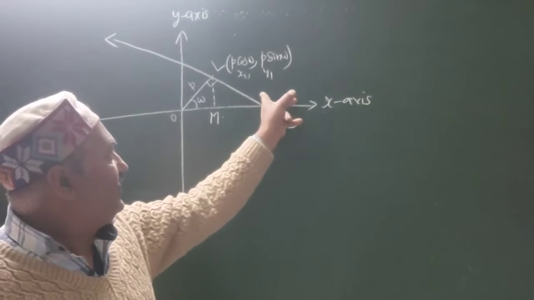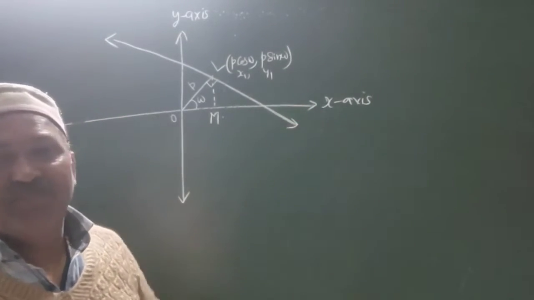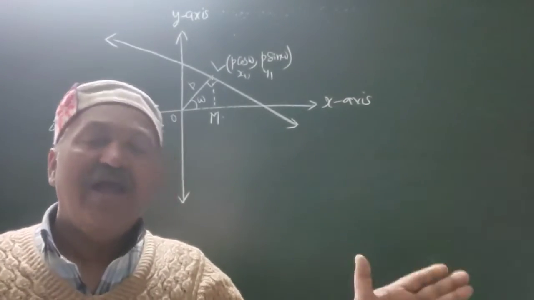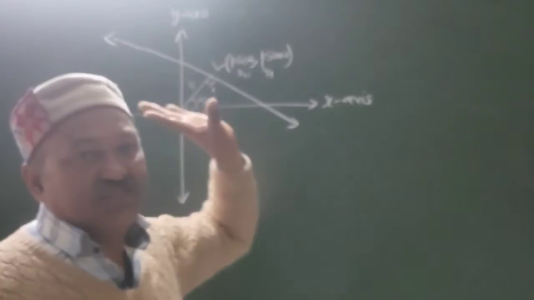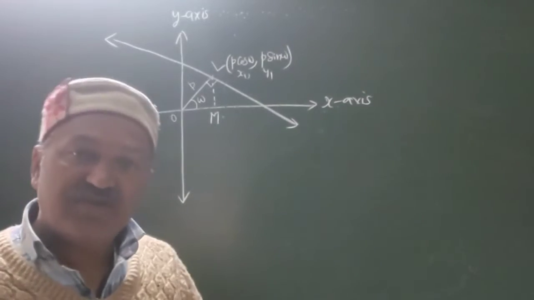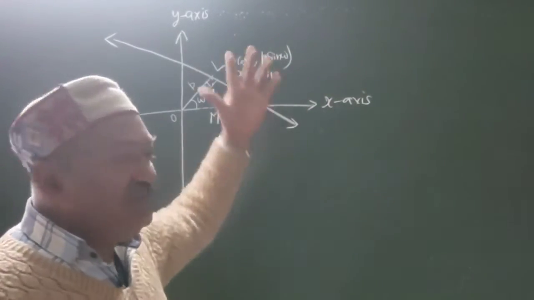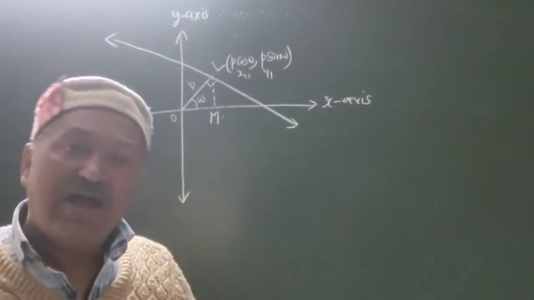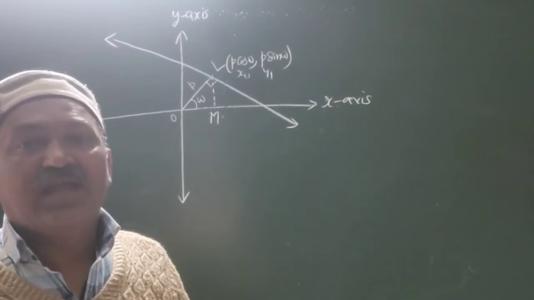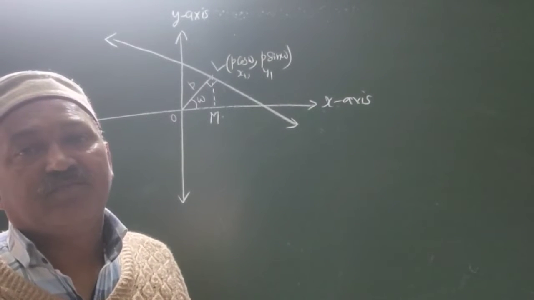And taking tangent of this 90 plus omega, we will find the slope of this straight line. After finding the slope and point, we can calculate the equation of the straight line.